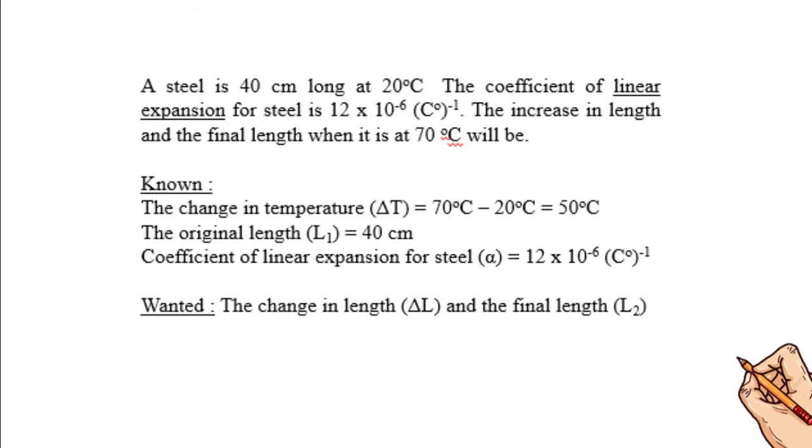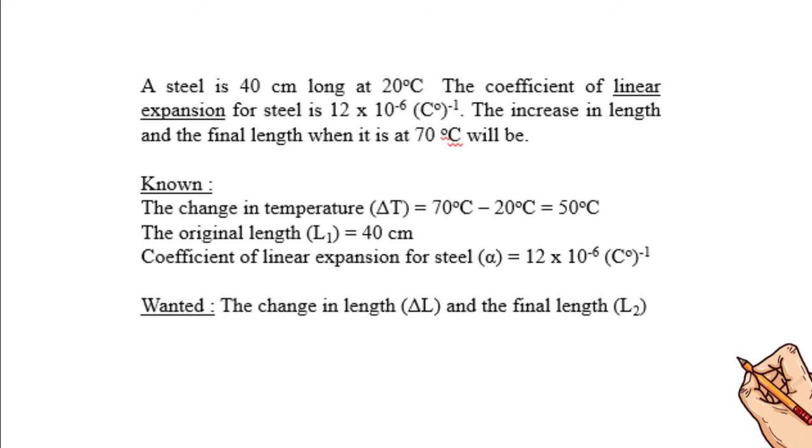We have an example here. A steel rod is 40 centimeters long at 20 degrees Celsius. The coefficient of linear expansion for steel is 12 times 10 raised to negative 6 per degree Celsius. What are the increase in length and the final length when it is at 70 degrees Celsius?